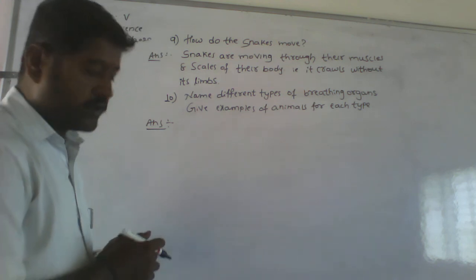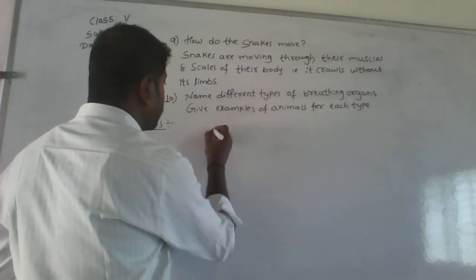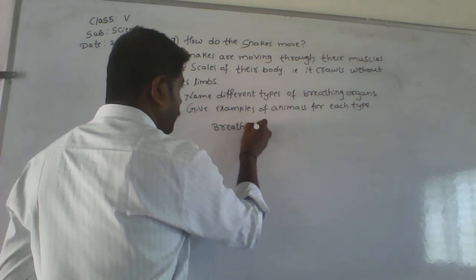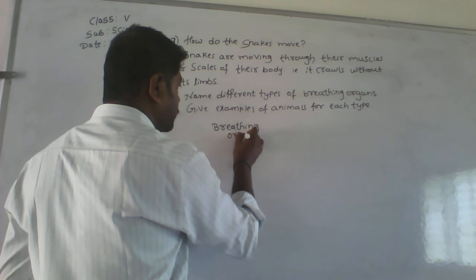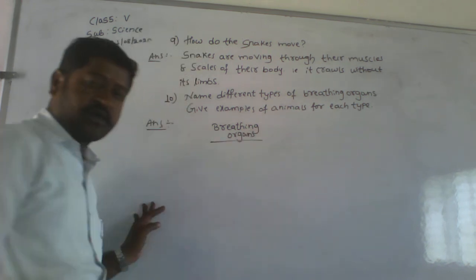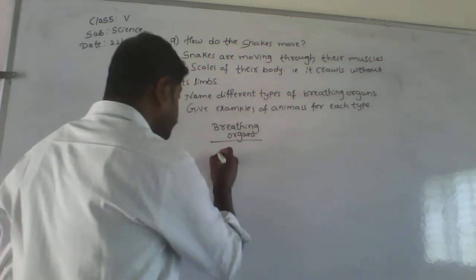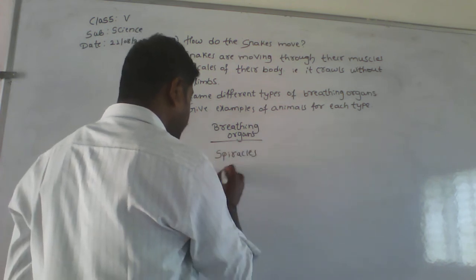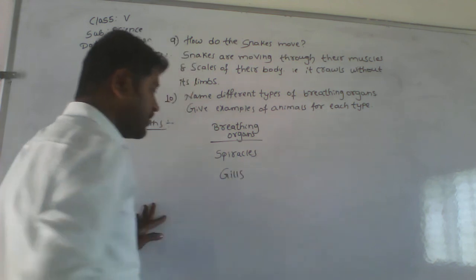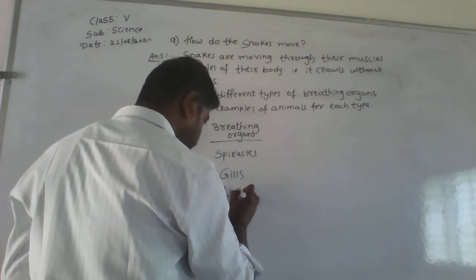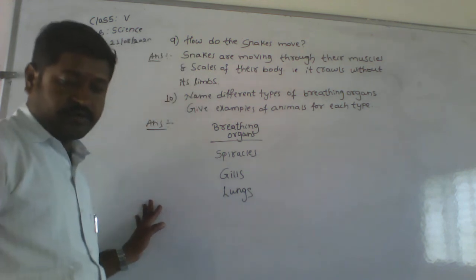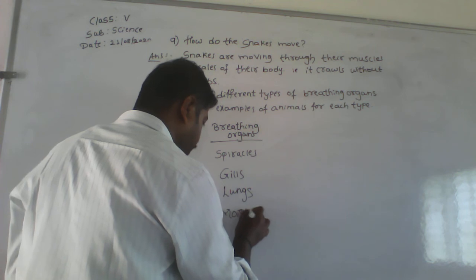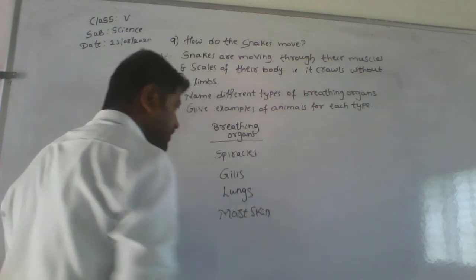So first we'll write breathing organs. So which are those breathing organs? Spiracles, then gills, then lungs, and moist skin.